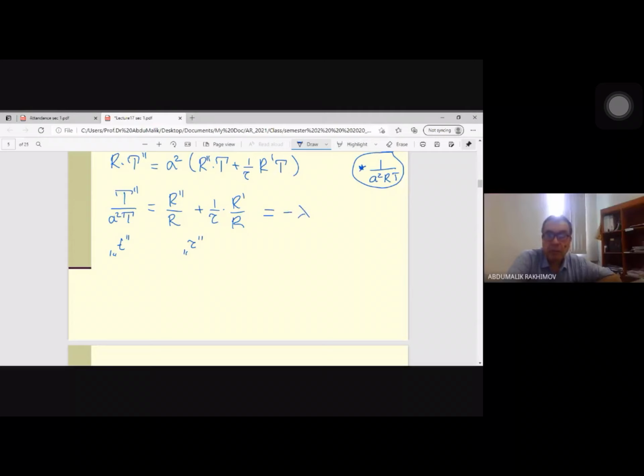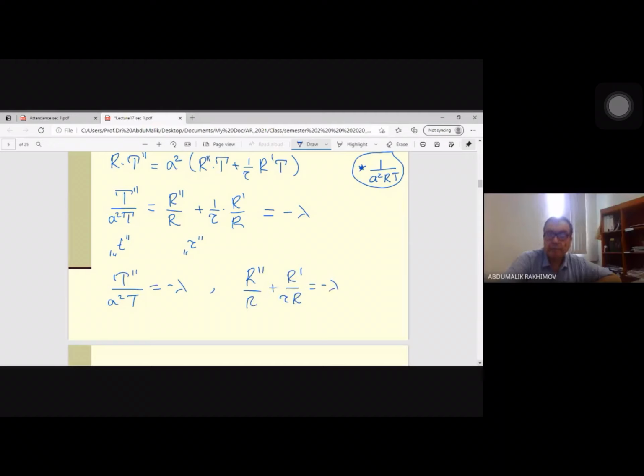Then we will have two equations. The left side is equal to minus lambda, and the right side is equal to minus lambda, right? Let me write this. T double prime over a squared T is equal to minus lambda. And the other equation is R double prime over R plus R prime over r times R is equal to minus lambda. We have two equations.